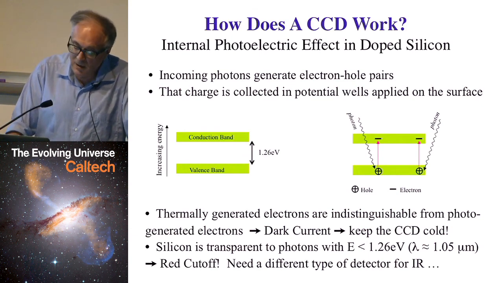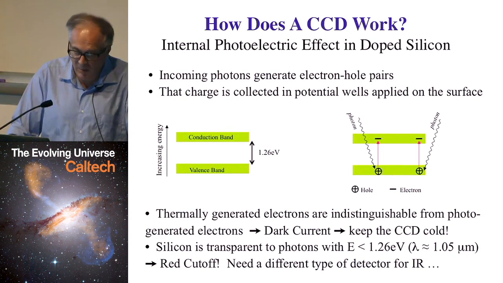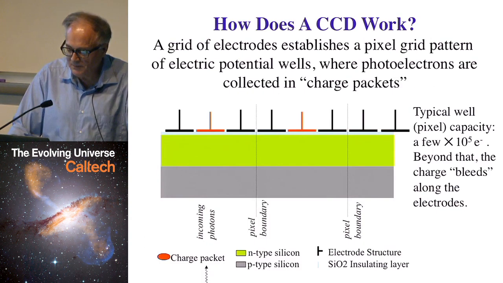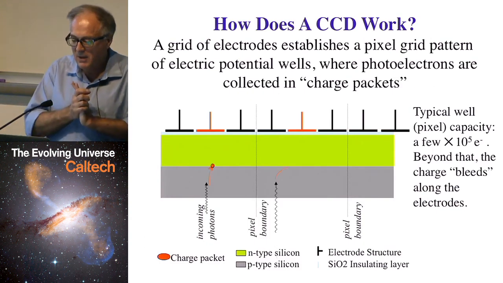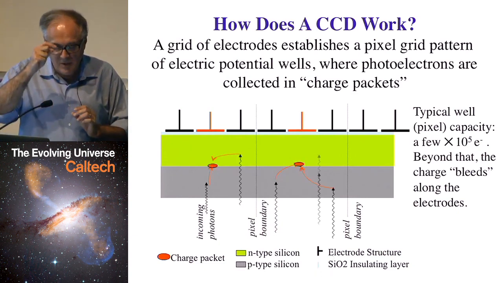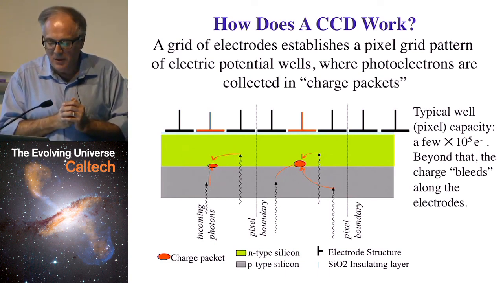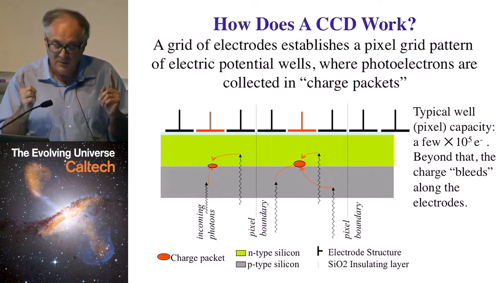So you could, in principle, collect charges, but how do you actually turn it into an image? Well, the way this works is instead of having one electrode in each pixel to read it out, you have three. And you turn one of them, the middle one, positive, and the two around it negative.